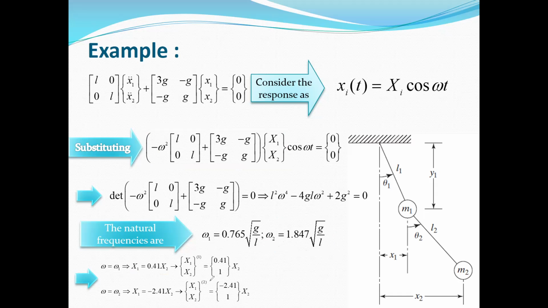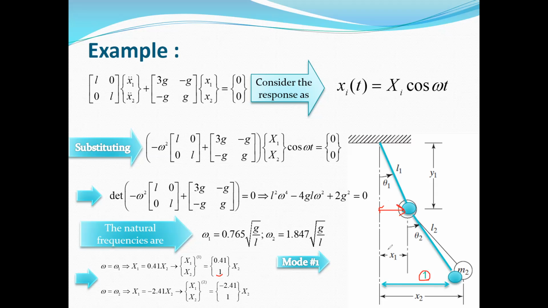For the first mode shape, as you can see, x1 is equal to about half of x2. It means that if you plot the first mode, and assume that x2 is equal to 1, so if this length is equal to 1 unit, x1 is about half, or 0.41, of this unit.